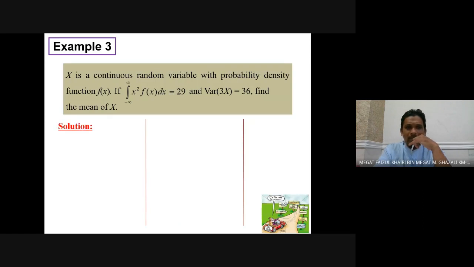Okay, so example 3, x a continuous random variable. If given that... okay, class, do you have any idea on how to solve this? So what is this? Class, what is this?